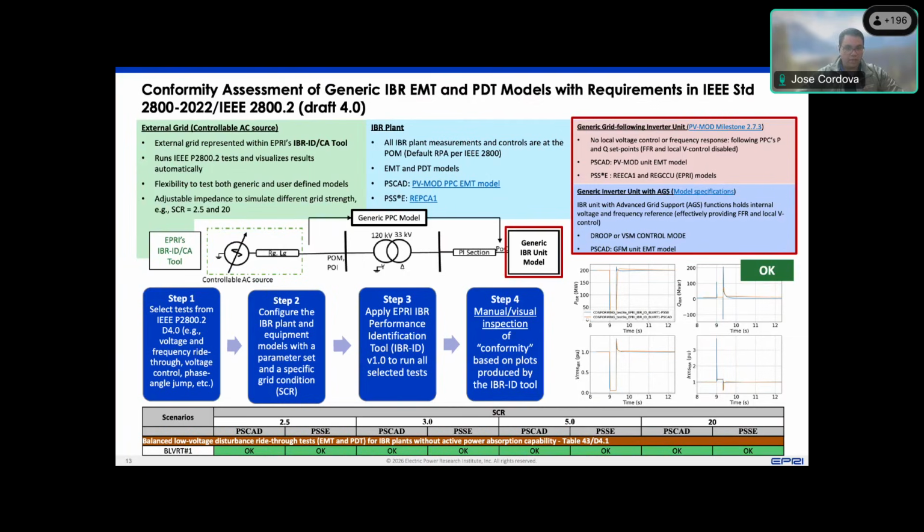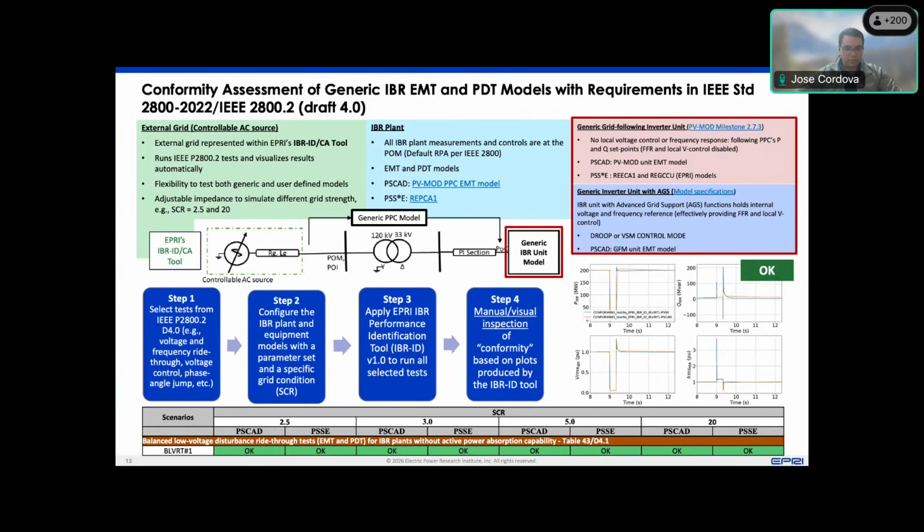We also added a power plant controller that is making decisions for controls for this IBR unit, again, from that POM. And one of the questions was, well, first we wanted to assess all these conformity tests for a grid following unit, and then also for a grid forming unit, which we will see the results of here.